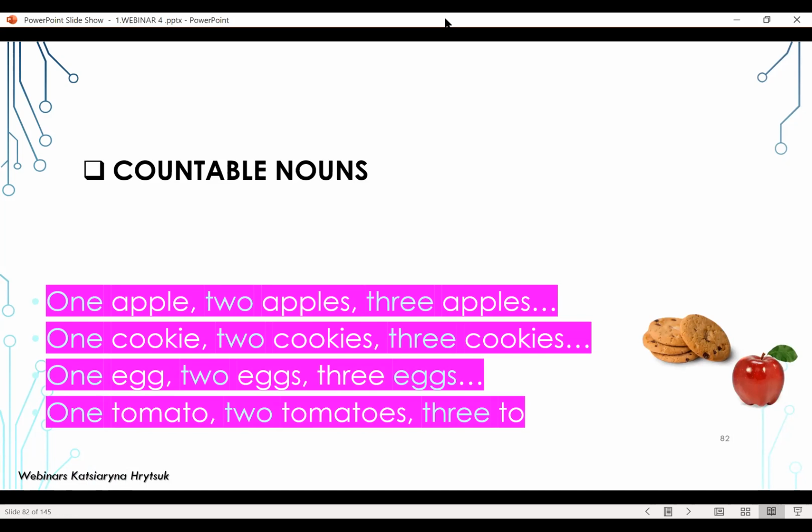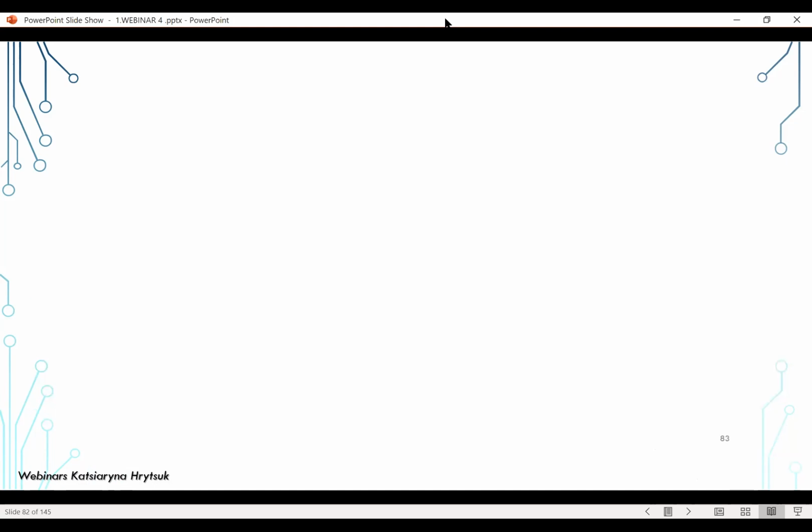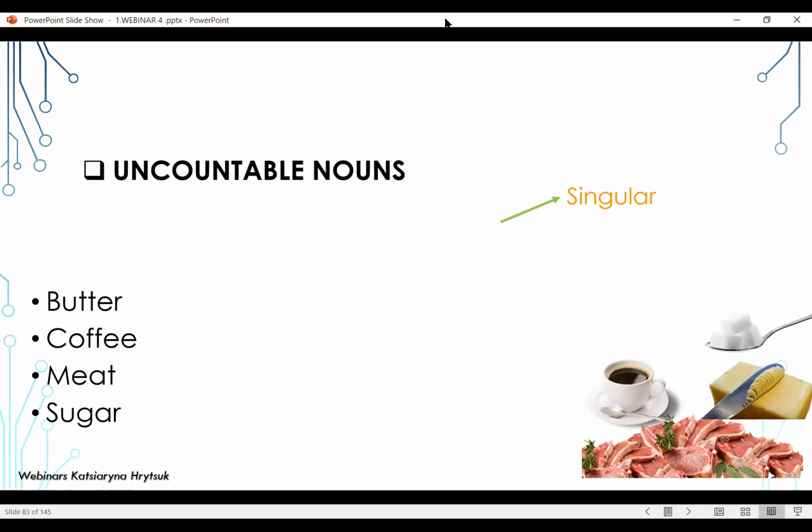Okay. Next, they can be singular and they can be plural. So you can say one apple and you can say two apples. Clear. Next, uncountable nouns. When we talk about uncountable nouns, butter, coffee, meat, sugar, okay, they are uncountable.